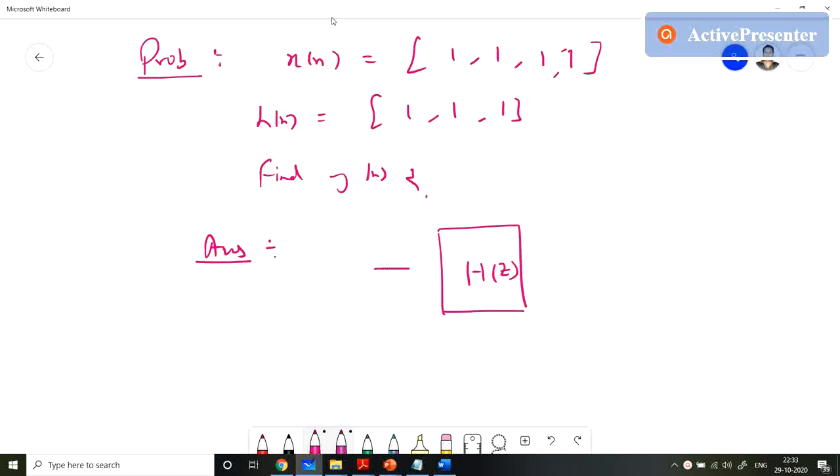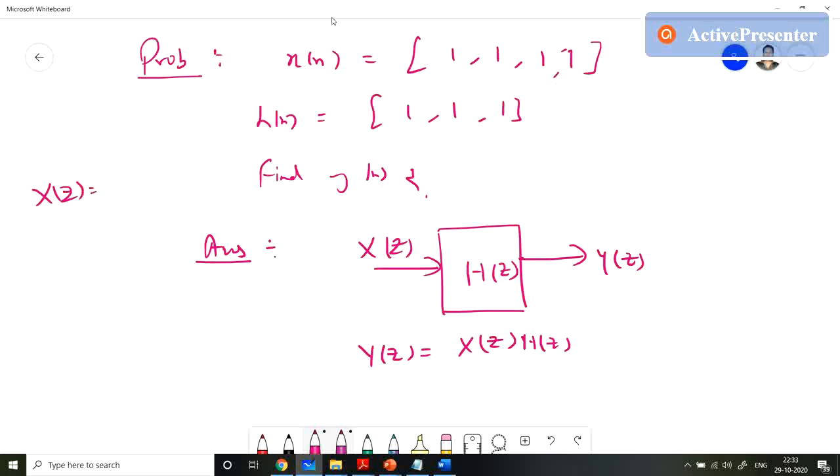So in the Z transform we have X(z) and we have Y(z). Y(z) is equal to X(z) multiplied by H(z). Now X(z) we can directly write: it is 1 plus z^-1 plus z^-2, because by default we consider it a causal sequence if no prior information is given.